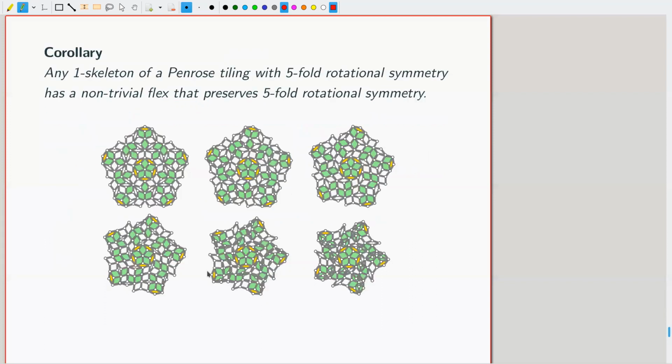So as a corollary, we get that if we take this 5-fold symmetric Penrose tiling, because the quotient graph is an infinite graph with no edges, there are many flexes. So here you can see some indication of one of the flexes, of course, again on a finite piece, because the screen is too small for infinite frameworks.